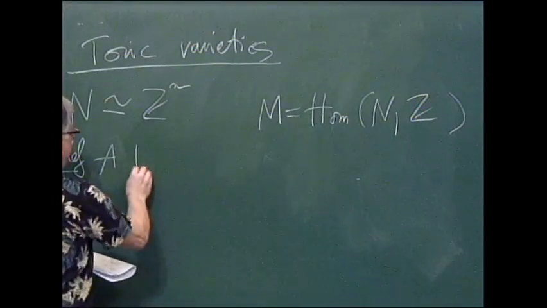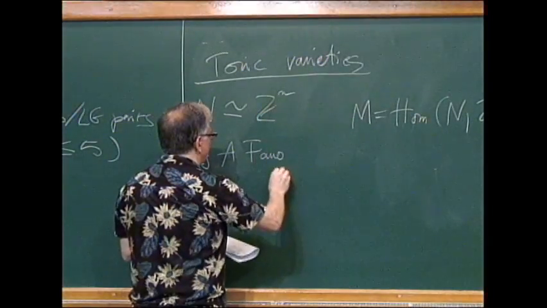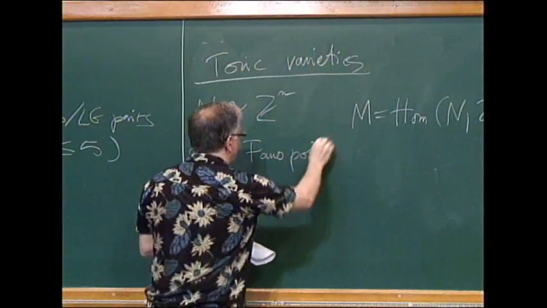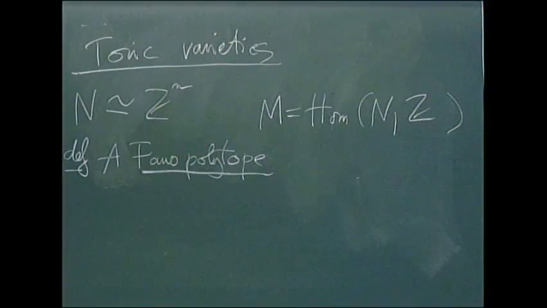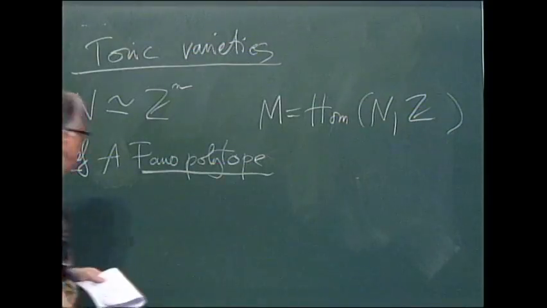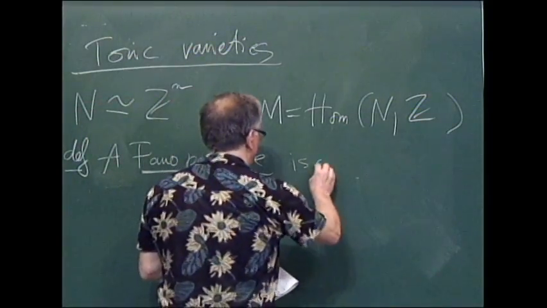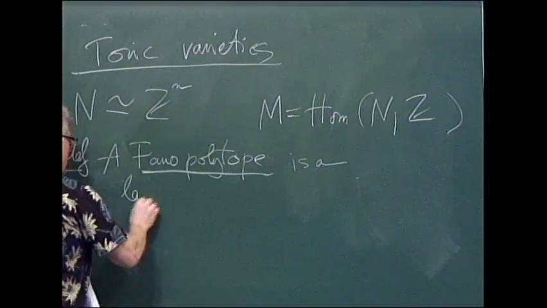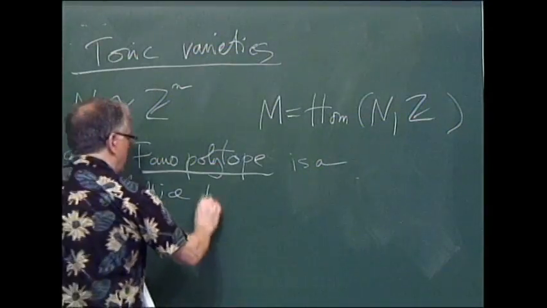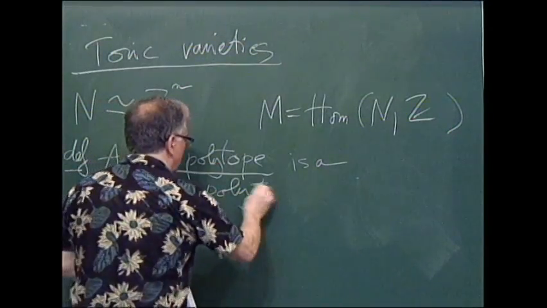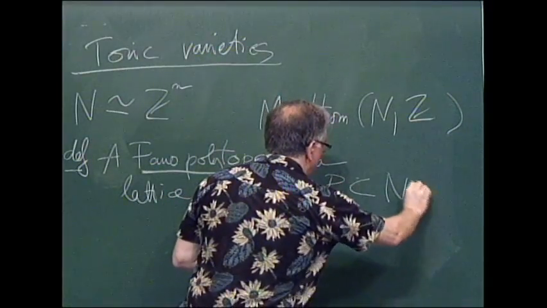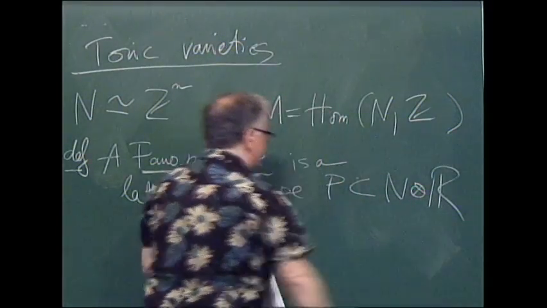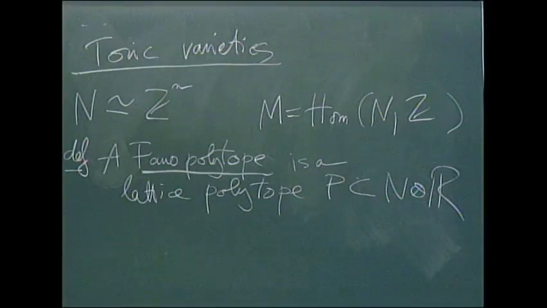So a Fano polytope is a lattice polytope P in N tensor R. For me, it's always compact.